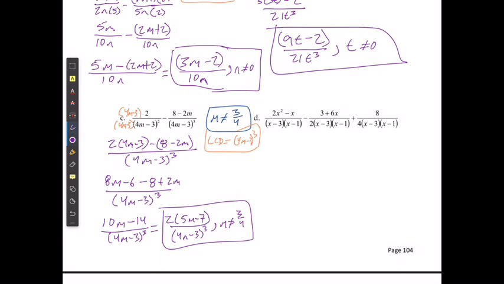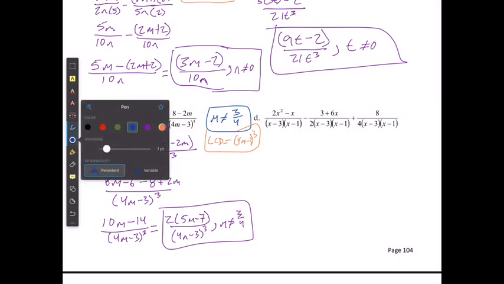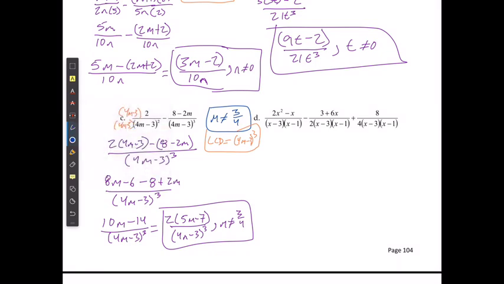For example D, they're all factored on the bottom, and I can see that x cannot equal either 1 or 3. I can see that for the denominator, they all have the x minus 3 and x minus 1.